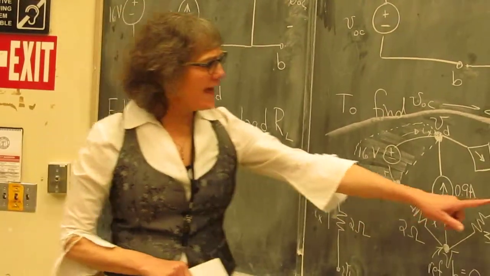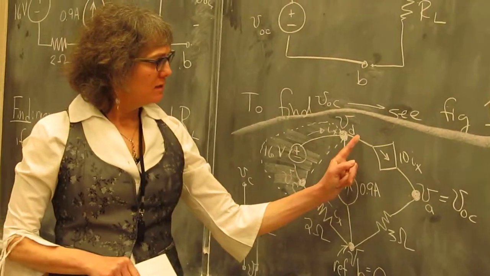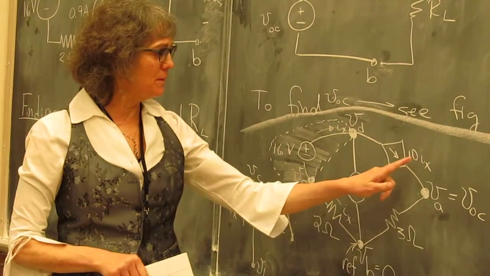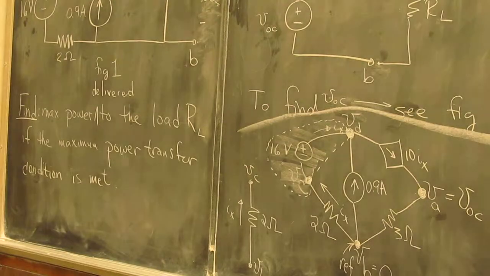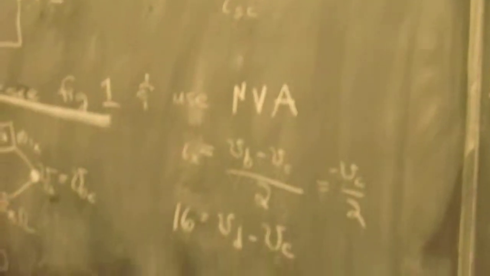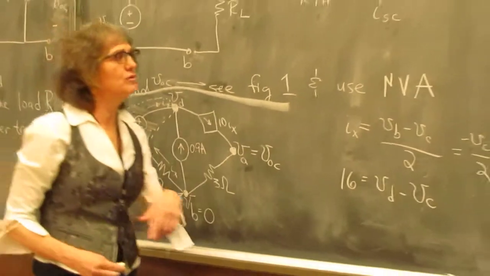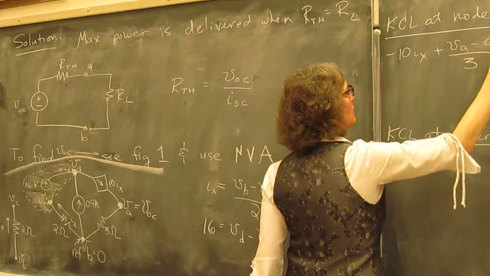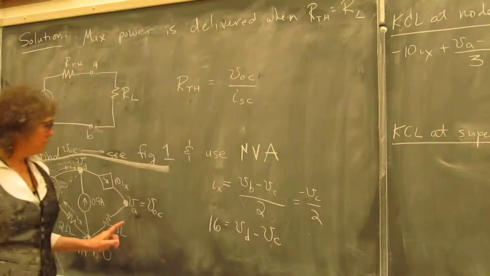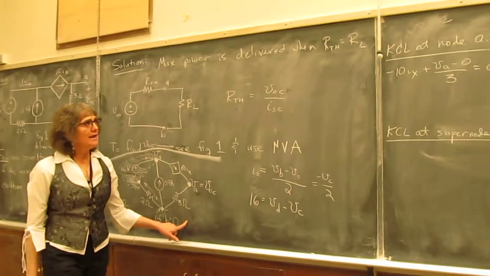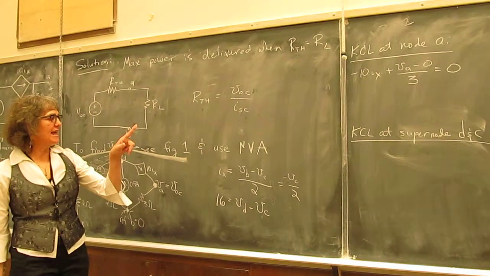So at node A, let's see, I take currents leaving the node as positive, so this will be minus 10Ix, plus, tell me if you agree with me, VA minus 0 over 3. Everybody agree with that? All right. Now, I have an equation that has Ix in it.